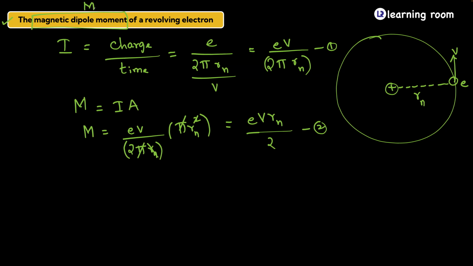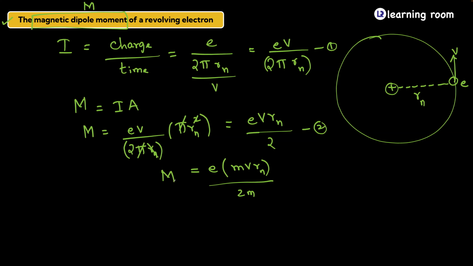This is capital M. Now what I'm going to do to this expression is, I will multiply and divide it with small m, that is the mass of that electron. I'll tell you why I'm doing that. So when I multiply and divide it with mass, so what will I get? E into mv Rn, the whole divided by 2m. Makes sense?